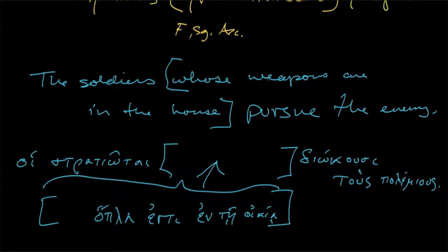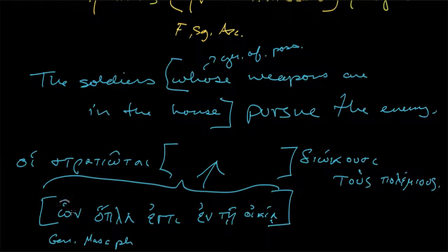So then we need whose. Well, what is that? That's a genitive of possession. And that's what we need here. So we need the genitive, but it needs to agree with hoi stratiotai, so genitive, but that needs to be both masculine and plural. That's going to be hon.